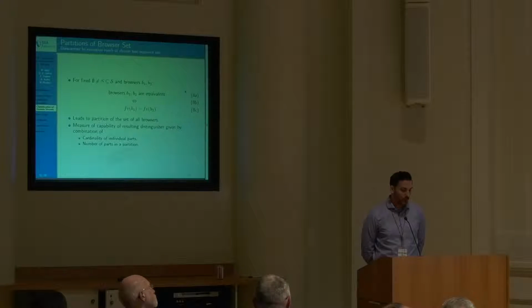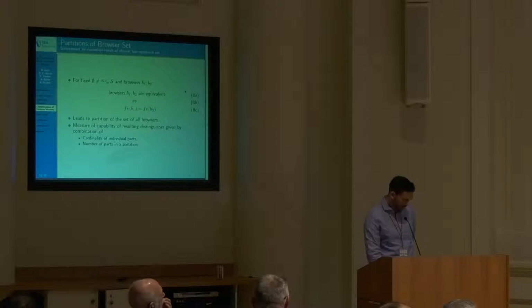We say 2 browsers are equivalent if and only if their feature vectors are identical. And we can quantify the capabilities of the resulting distinguisher as a combination of the cardinality of the individual parts of the partition and the number of parts in a partition.